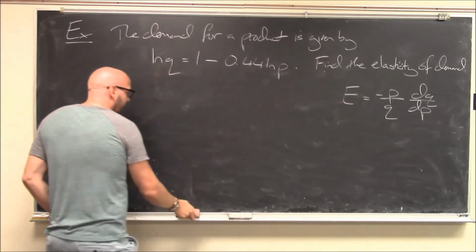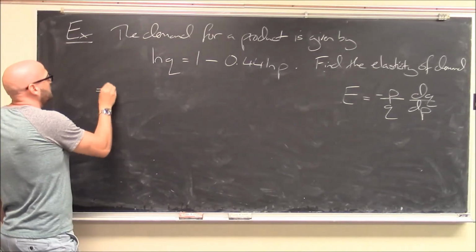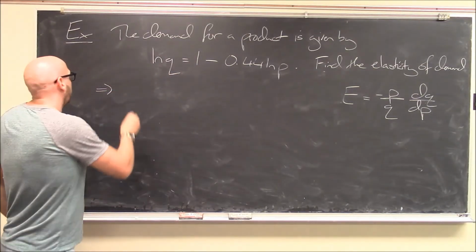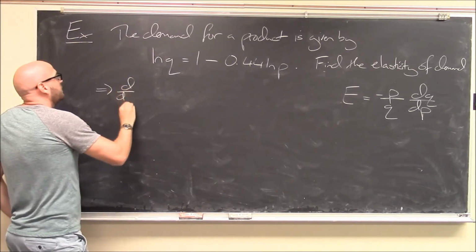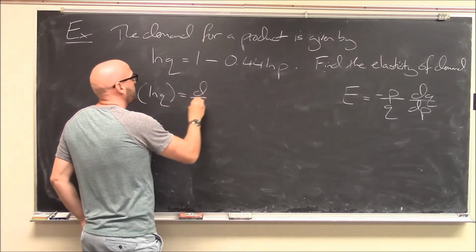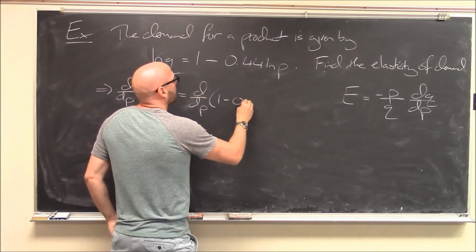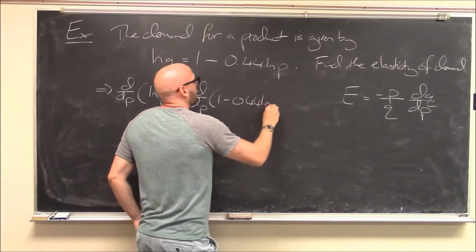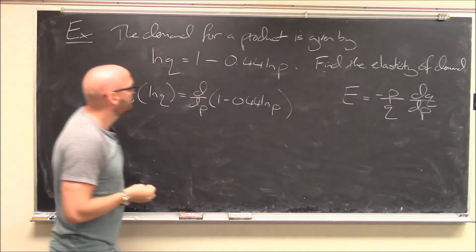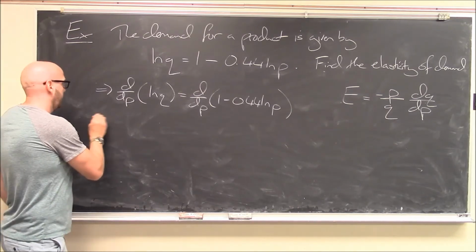I'm going to leave this as q is implicitly given as a function of p, and we're just going to differentiate. So we differentiate both sides with respect to p. Derivative with respect to p. And now we differentiate.